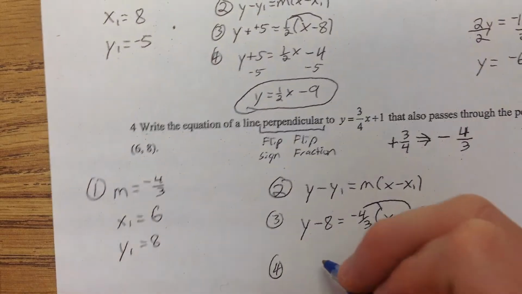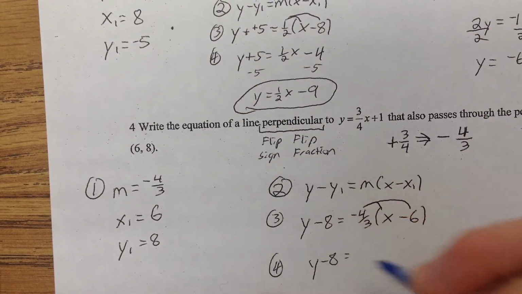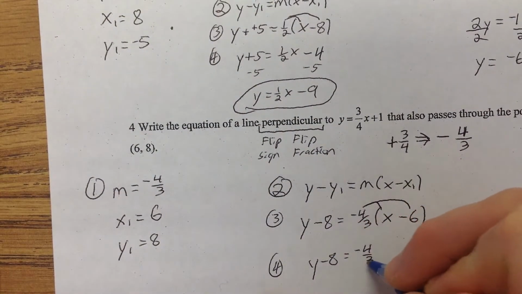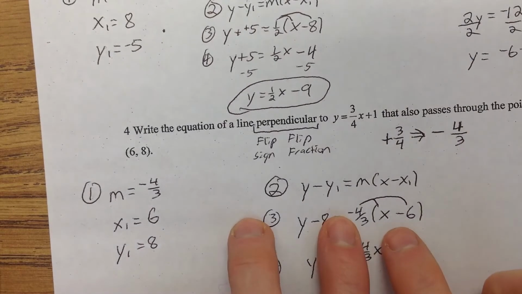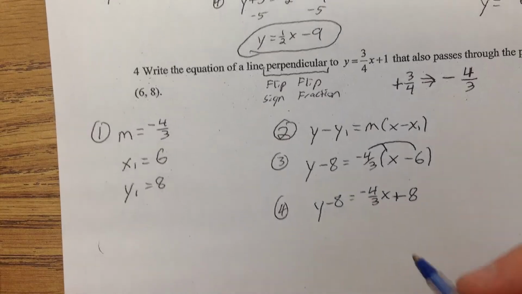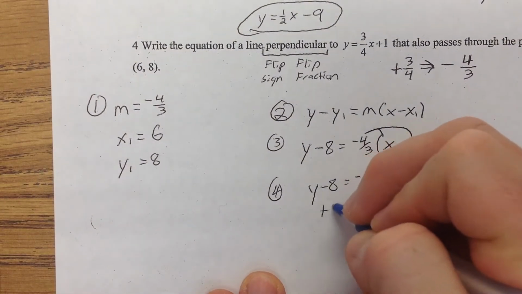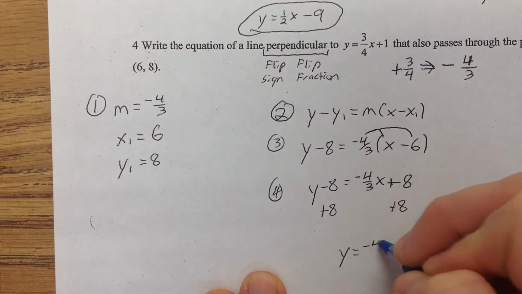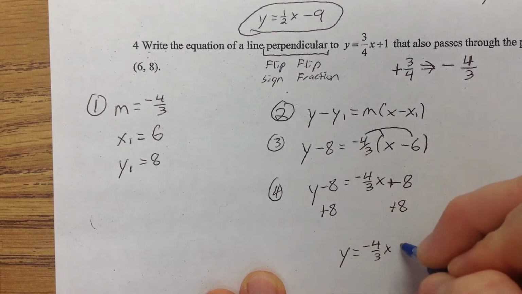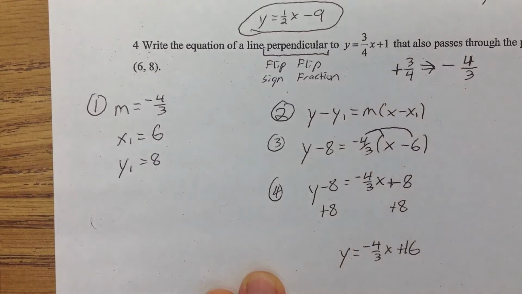Okay, so we've got y minus 8 equals negative 4/3 x plus 8, because we had that negative times a negative. And then our last step will be just to add 8 to both sides. And we get y equals negative 4/3 x plus 16.